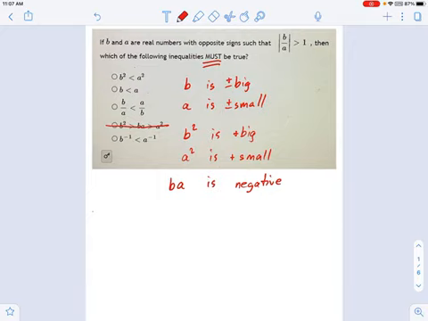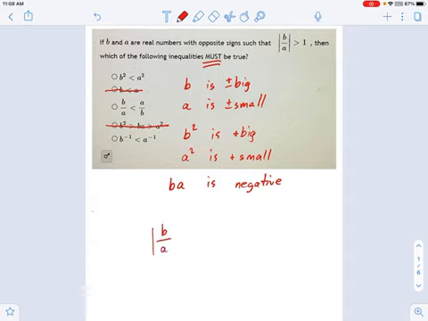Let's take another look at these. Oh, b less than a. That's obviously false, right? Because b is big and a is small. So if b is 10 and a is 5, then that would be false. There may be cases where that's true, like b is negative 5 and a is 3. Take a look at this. This one's actually interesting.